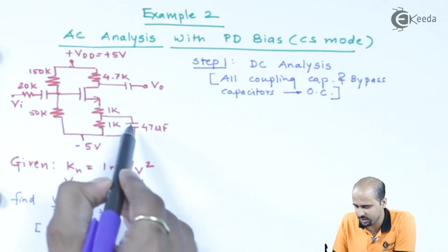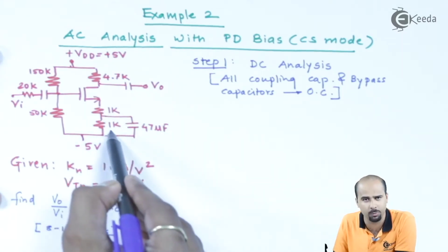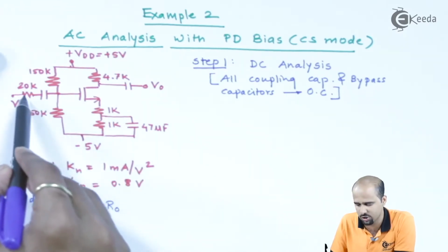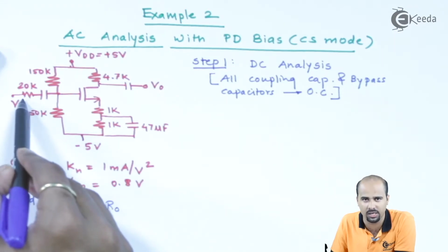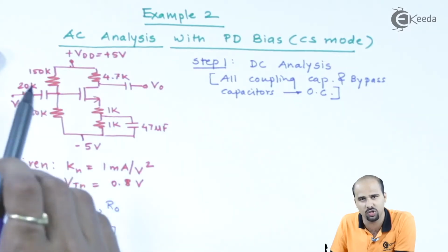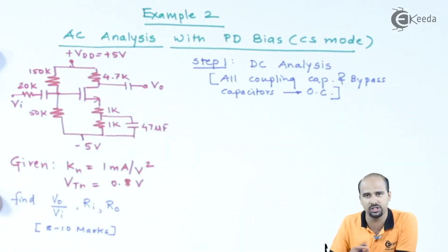So if this capacitor is open, then I can say 1k and 1k become in series. For the DC analysis, this capacitor gets opened, and this 20k will become redundant. For this DC analysis, we will not incorporate this 20k for the calculation of VGS, VDS and ID, right? And then we will proceed further with the DC analysis.